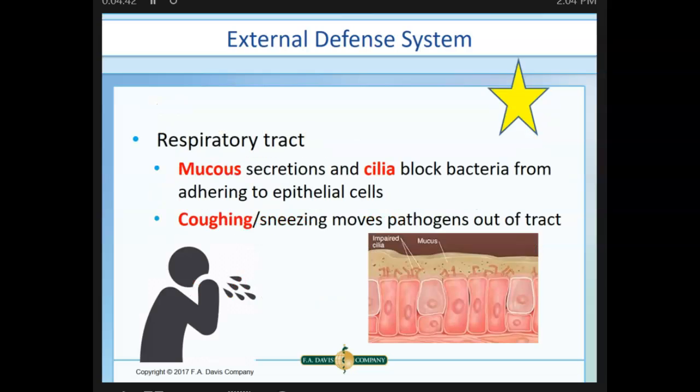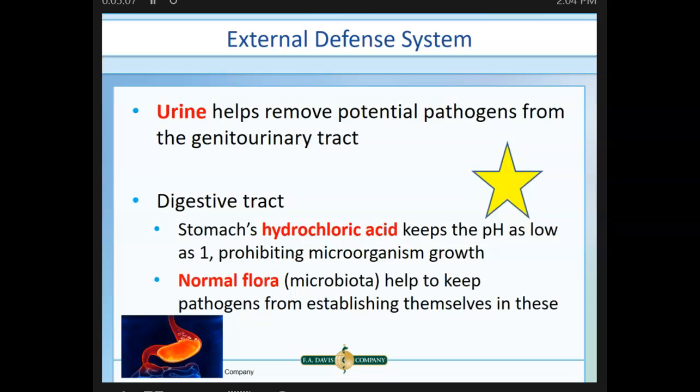Isn't that interesting? The respiratory tract is coated with mucus secretions, and it also has cilia, which are moving finger-like projections that block bacteria from adhering or attaching to epithelial cells. Also, the movement of coughing and sneezing moves pathogens out of our respiratory tract. Urine, both the acidity of the urine and the outward flow of urine, are part of the external defense system that help remove potential pathogens from the genitourinary tract.